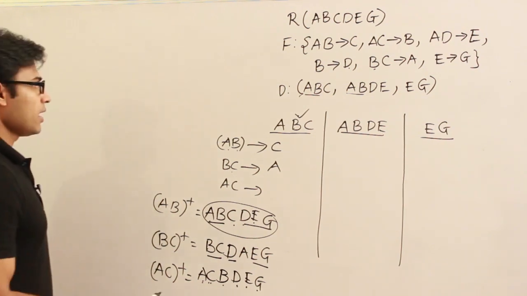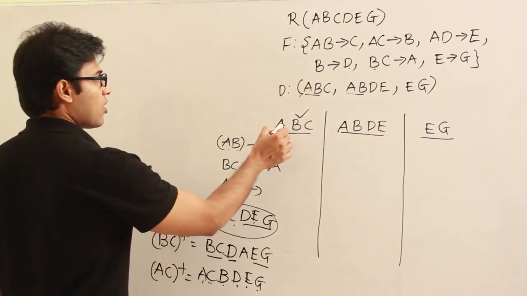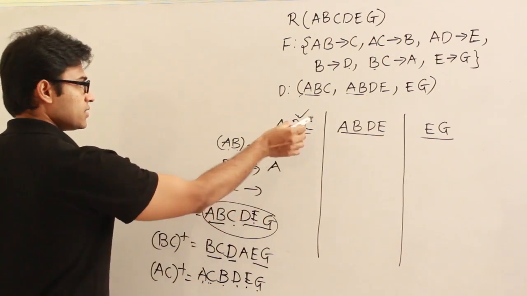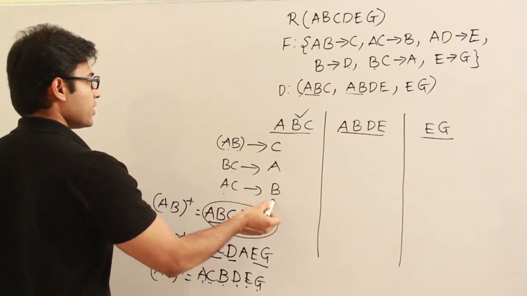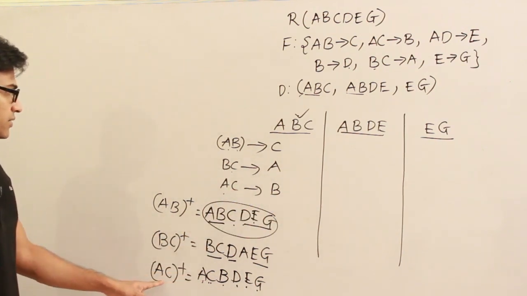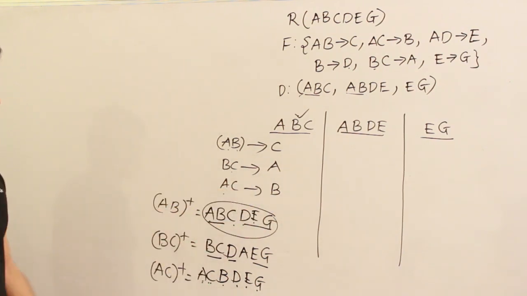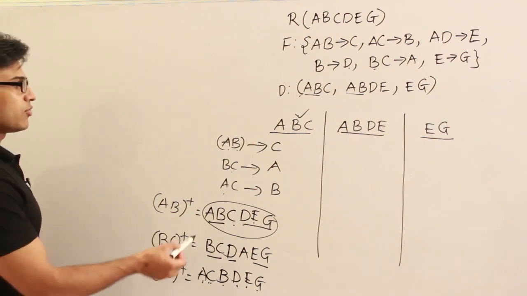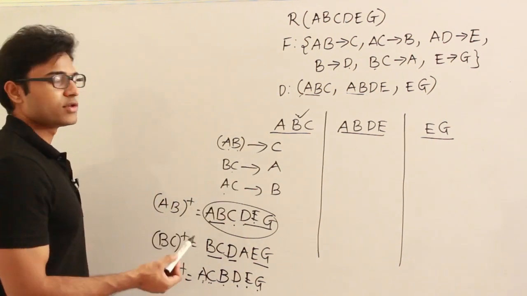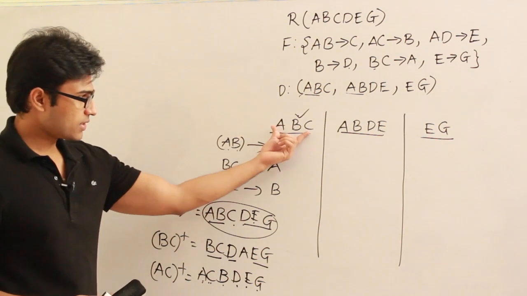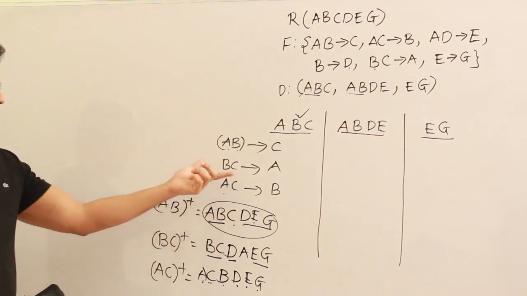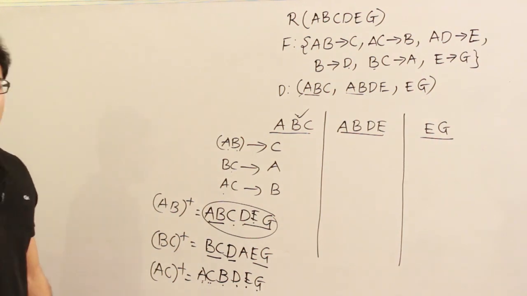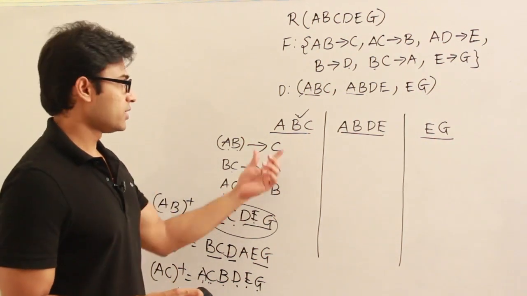Fine. Now what about this? Already in this particular table we have only B which is not present in the left hand side. Therefore non-trivial dependencies which have attributes on the left hand side. Since the table contains these attributes itself, if I put all of them in the left hand side, dependency will be possible with 3 attributes.